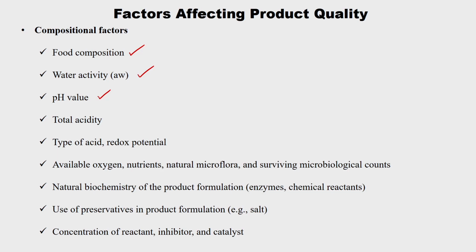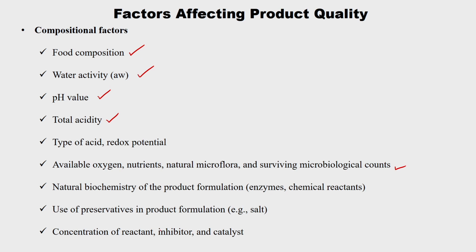The same with pH value, there are particular pH and particular water activity only at which the bacteria, Clostridium botulinum, lives, so that also we have seen. And total acidity of the product, acid and redox potential, available oxygen content, nutrient content, natural microflora and surviving microbiological counts, everything matters, and the natural biochemistry of the product formulation.